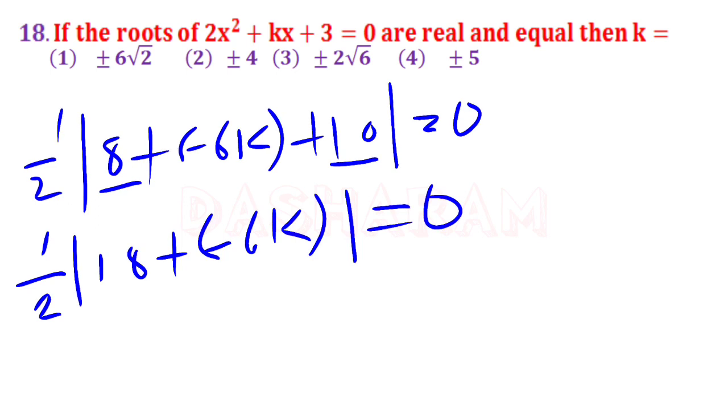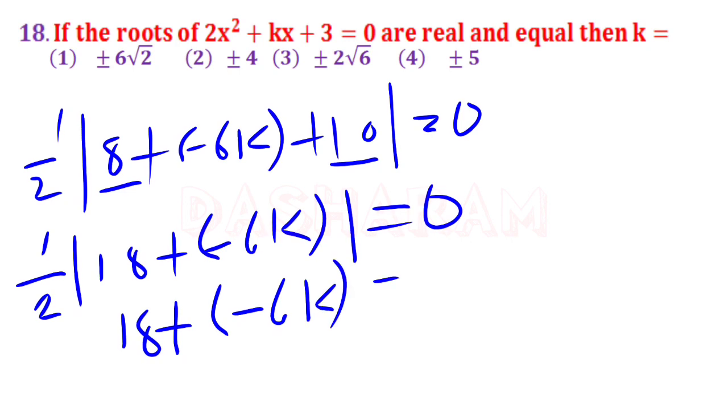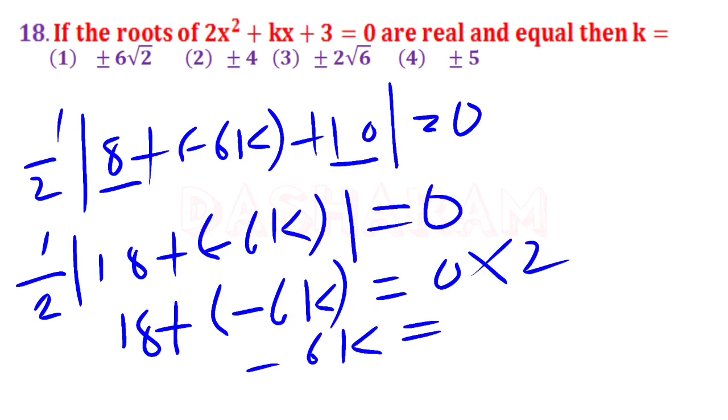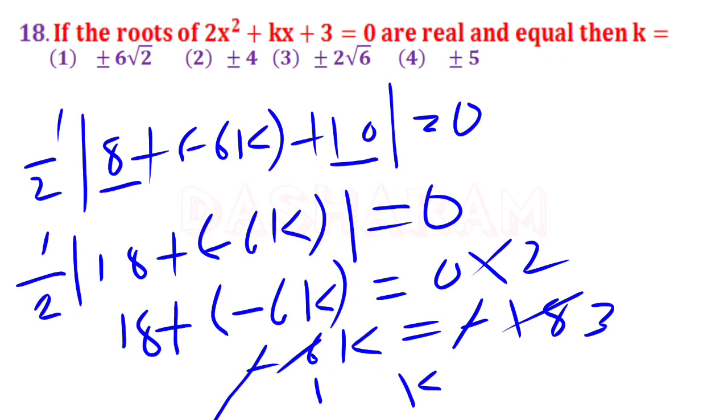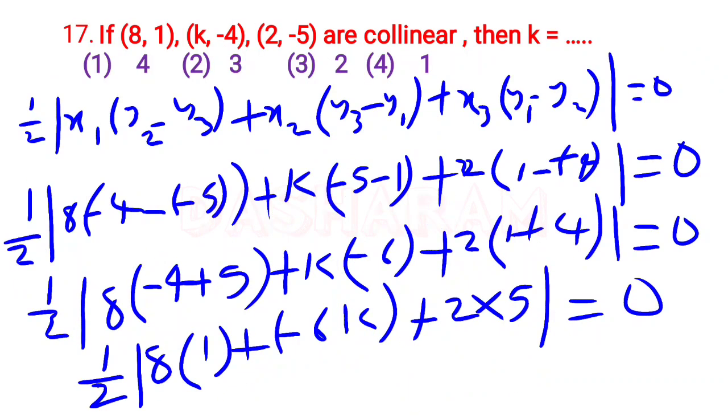So now 18 plus minus 6k equals 0 into 2. Then minus 6k equals 0 into 2 is 0, and plus 18 transposed to the other side is minus 18. So minus minus cancel. 6 1s are 6, 6 3s are 18. So then k value is 3. So k value 3, option 2 is correct.